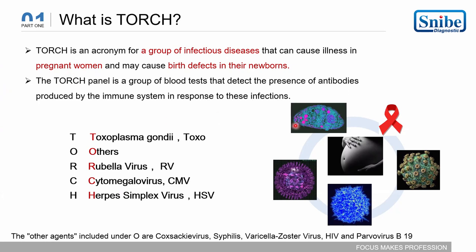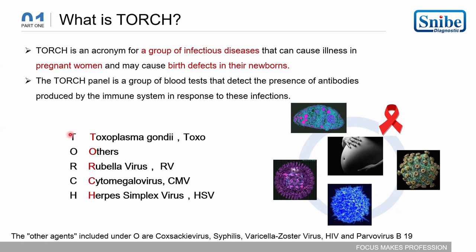This panel is a group of serological blood tests which show the presence of antibodies produced by the immune system against the infections to be screened during pregnancy. These are Toxoplasma gondii, rubella virus, cytomegalovirus, and herpes simplex virus.